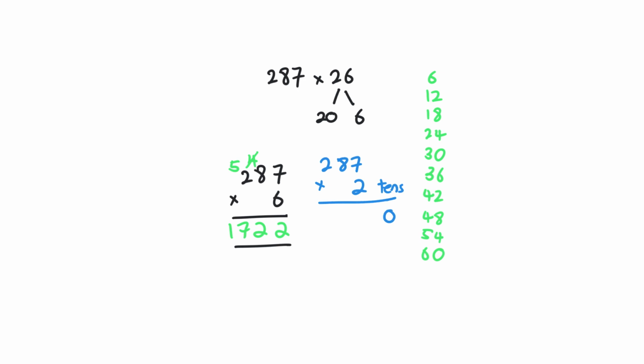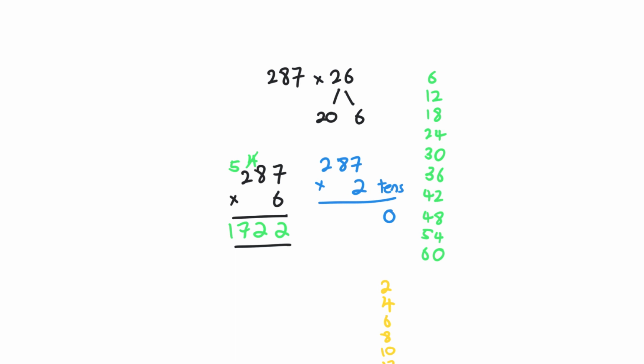But for now, I can ignore it. So let's begin. Now I need my 2 times table. So let me list my 2 times table: 2, 4, 6, 8, 10, 12, 14, 16, 18, and 20.